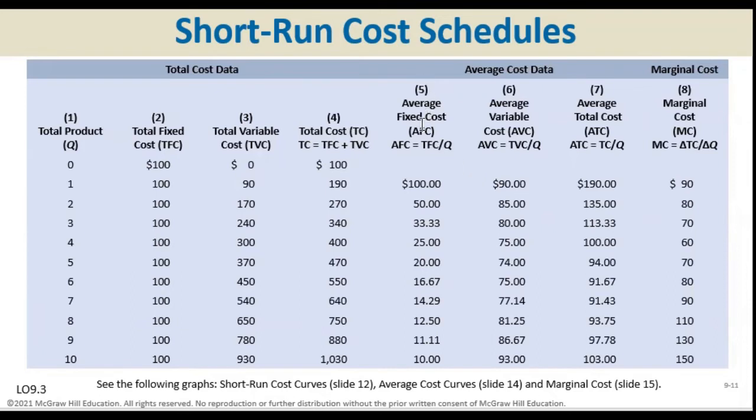The average fixed cost is the fixed cost divided by output, and for the average variable cost you use the same logic. The average total cost is the total cost divided by the output, right? And the marginal cost here is the change in the total cost by the change in the output.